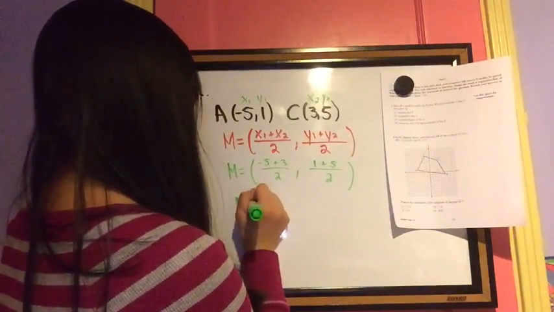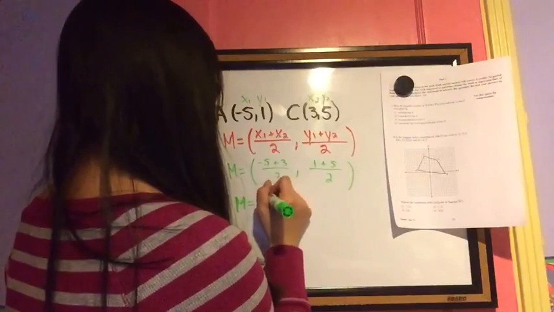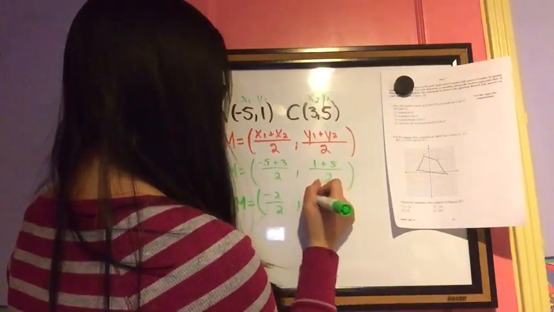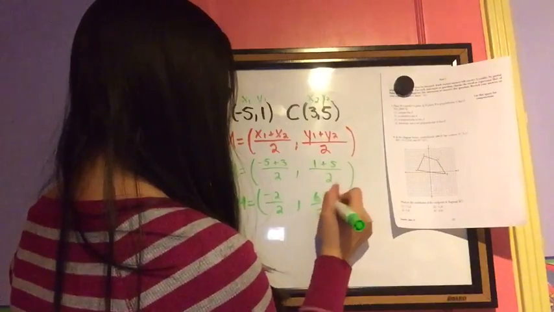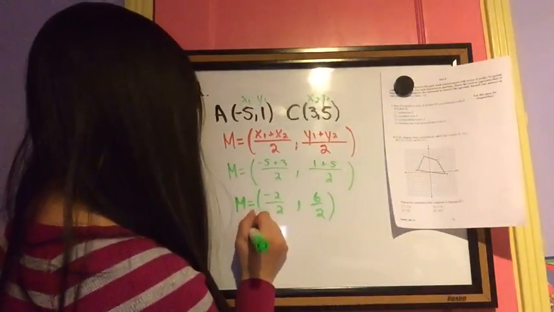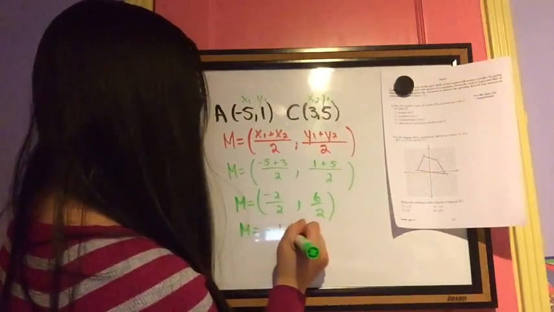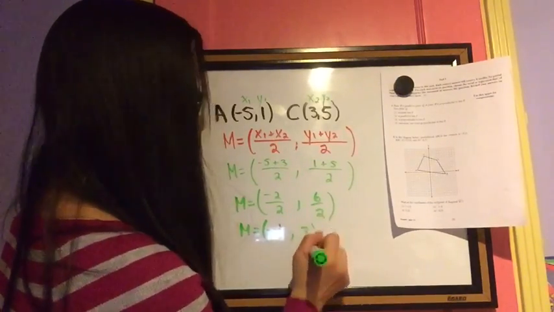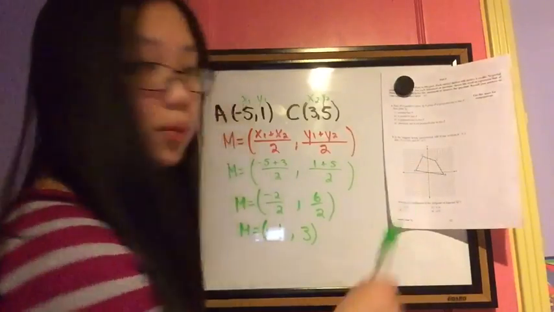So, m equals -2 over 2 and 6 over 2, which can both be simplified. So m equals -1, comma 3, which is number 1.